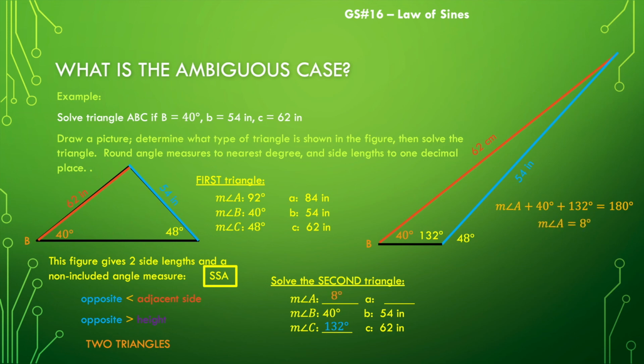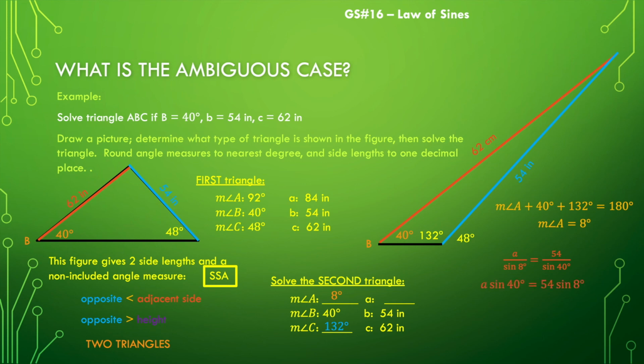All right, now, side length A, we'll have to use law of sines again. But that's the only real application of law of sines for the second triangle. All right, so A divided by the sine of 8 degrees equals 54 over the sine of 40 degrees.